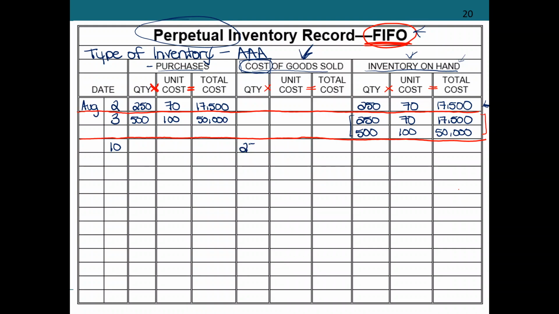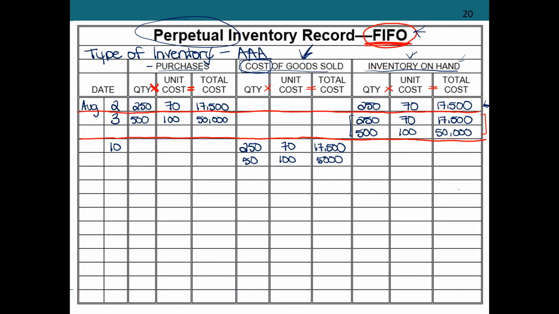So we don't write 300, but we write, well, of those 300, 250 had a cost of $70 for a total cost of $17,500. But we need 50 more, and these ones had the cost of $100. So now we take our 50 times 100, and we get $5,000. So we're breaking out the first in and first out. We're breaking out those different costs.